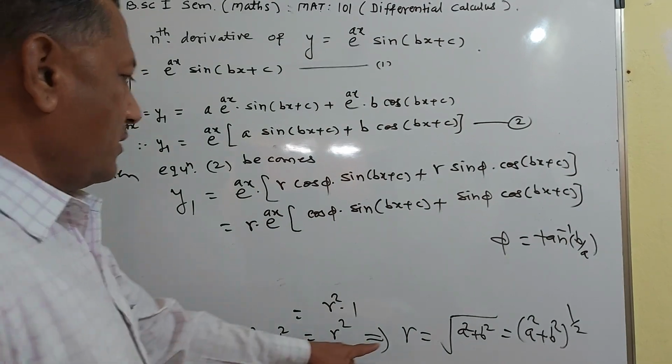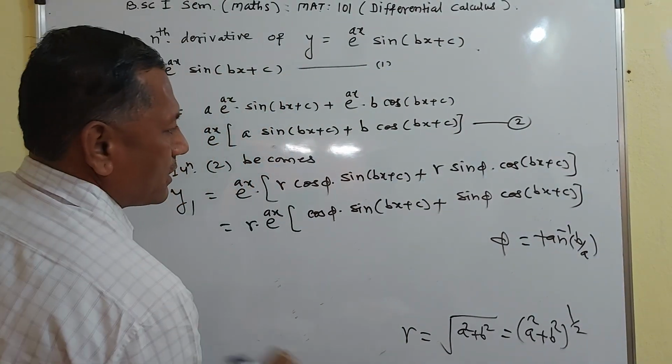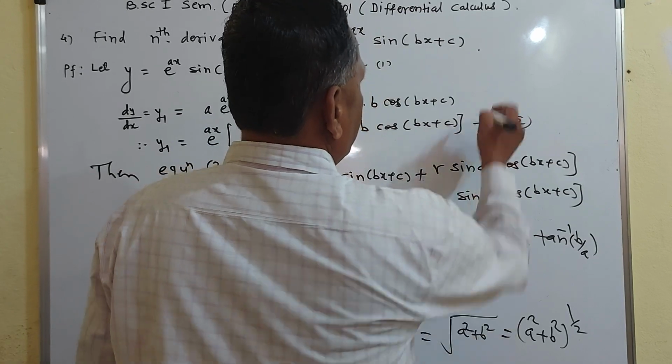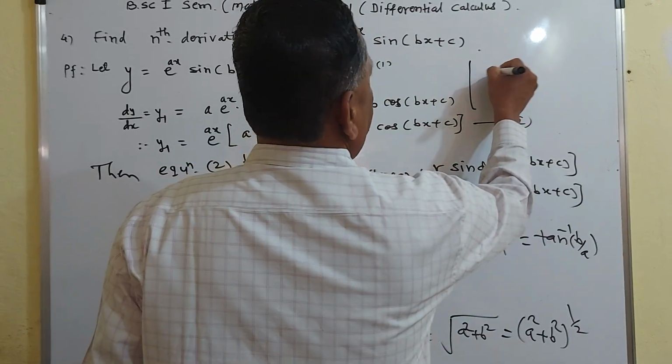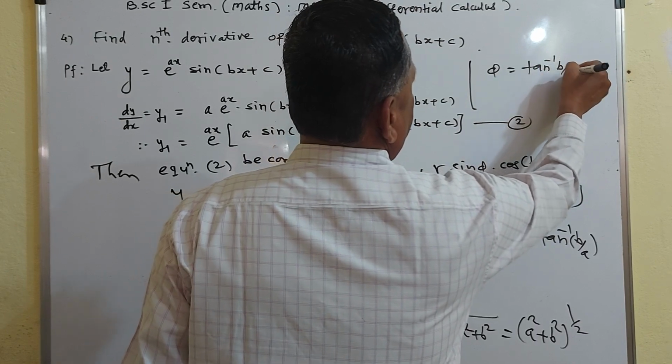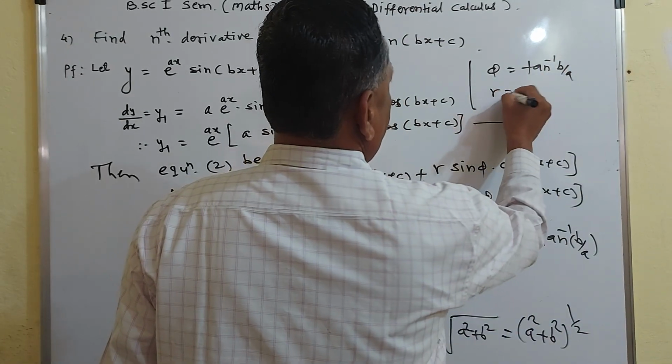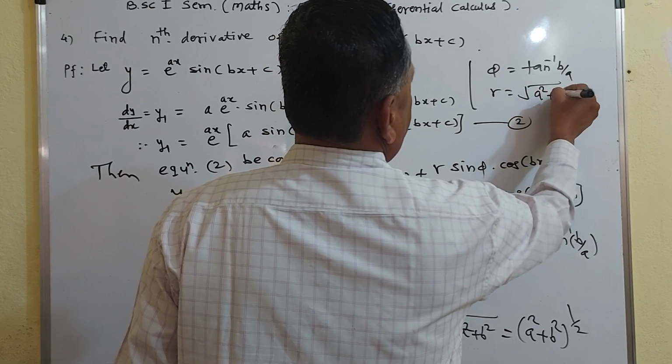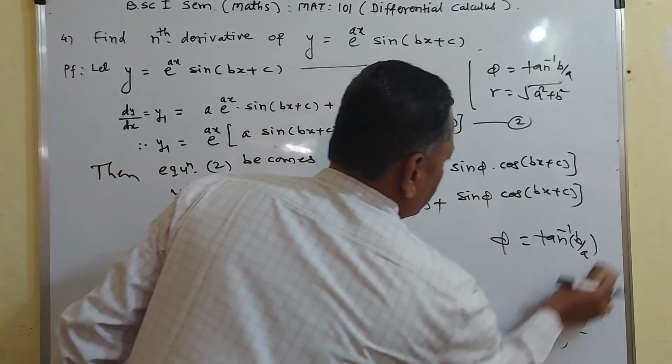You remember the value of R, and phi is this. For my convenience, phi is equal to tan inverse b upon a, and R is equal to root a square plus b square.